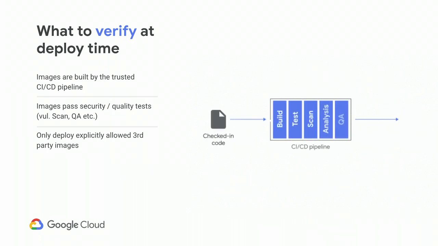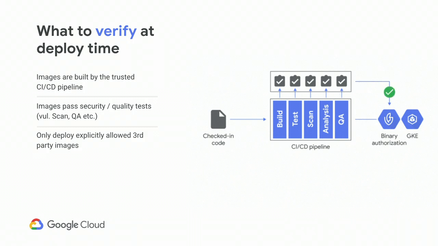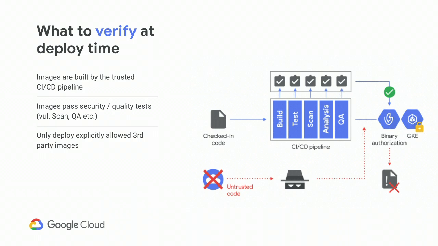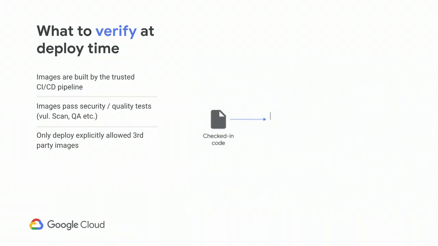You satisfy all the requirements in addition to just being deployed by an authorized person. So it's a two-level check. The right person is deploying it, and the right content is being deployed.